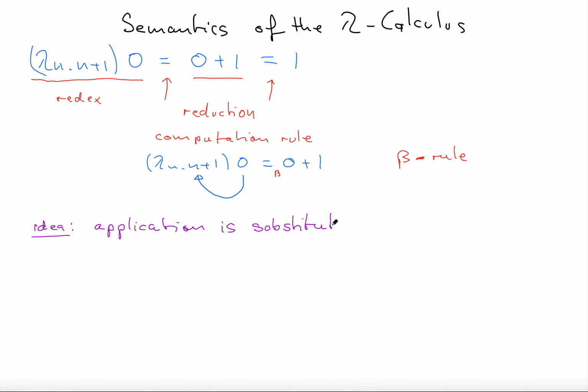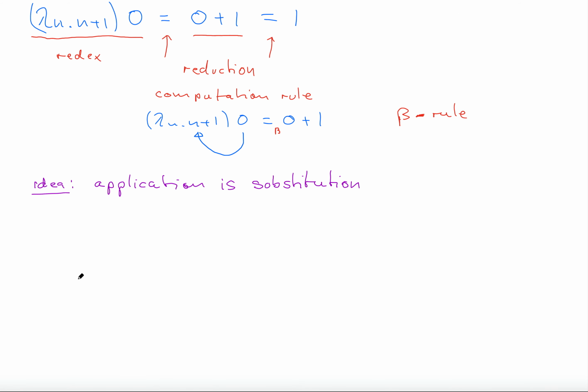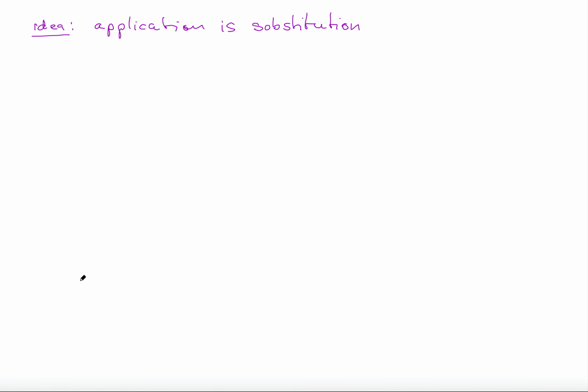In our example, we substitute the 0 for the n. Let's look at how this plays out with a slightly more complicated example. Let's take, for a change, a function that takes 2 arguments.